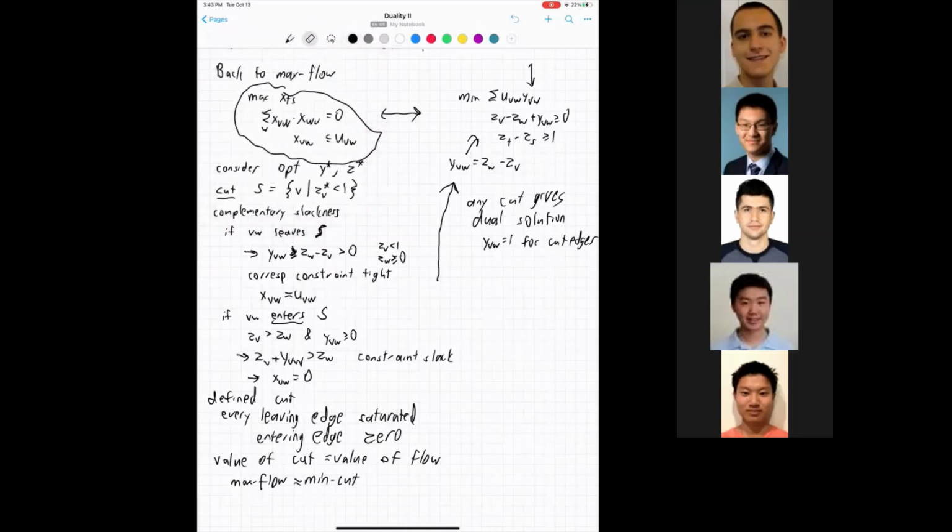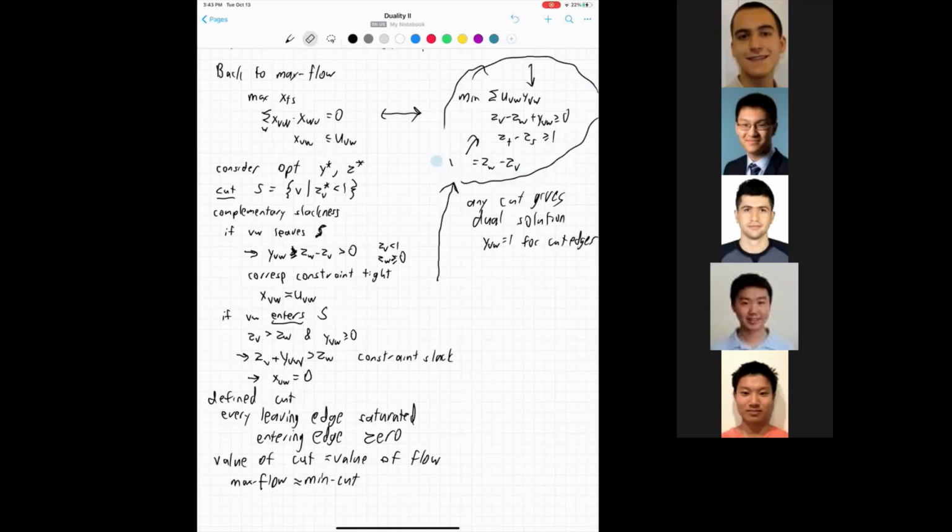However, every solution to this linear program is not necessarily a cut, because it's not clear how to interpret fractional y values as a cut. But what I showed you how to do is to transform any such fractional solution into a cut. And that was necessary in order to prove that max flow equals min cut.